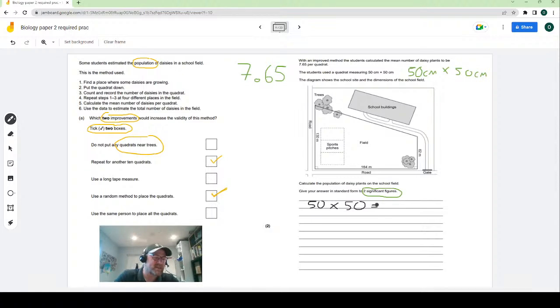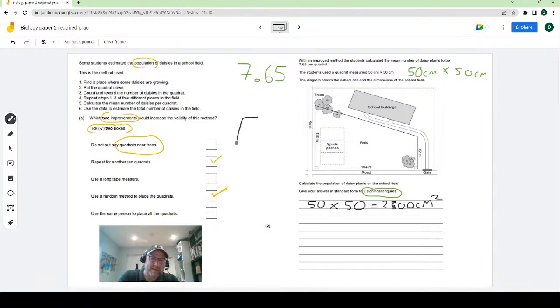There's 100 centimeters in a meter straight line. How many centimeters are in a meter square? So you worked out this 2,500 centimeters squared in the quadrat, because we did 50 times 50. How many centimeters are in a meter square?